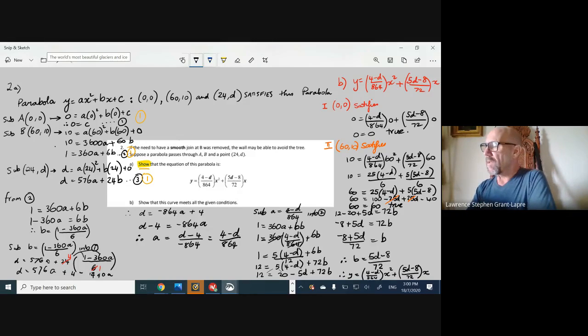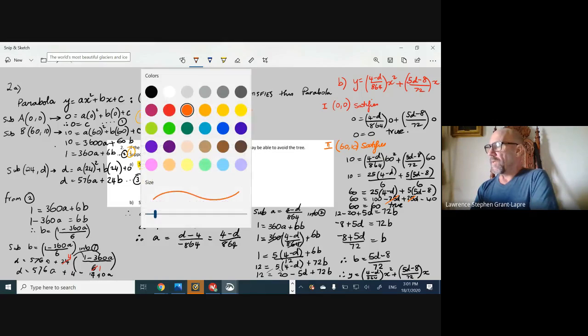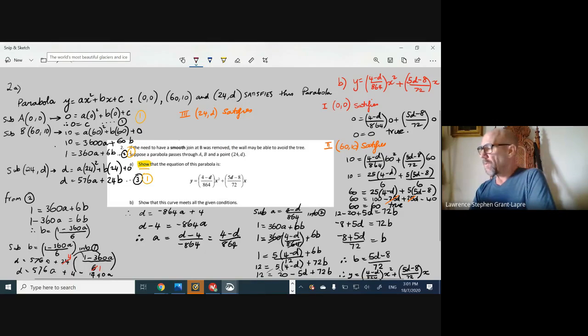Third criteria, I'll just put it in here: 24, D satisfies. Almost finished part 2. So D equals 4 minus D over 864 times 24 squared plus 5D minus 8 over 72 times 24.